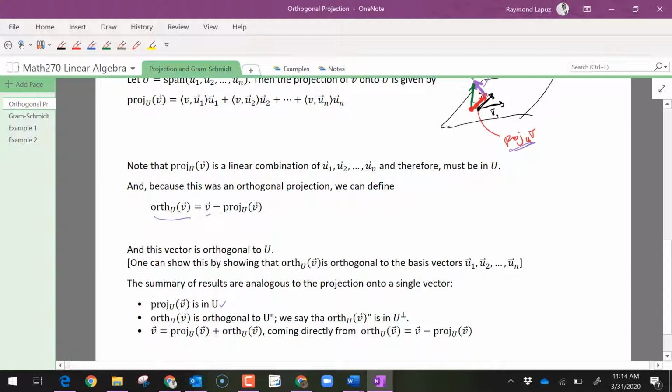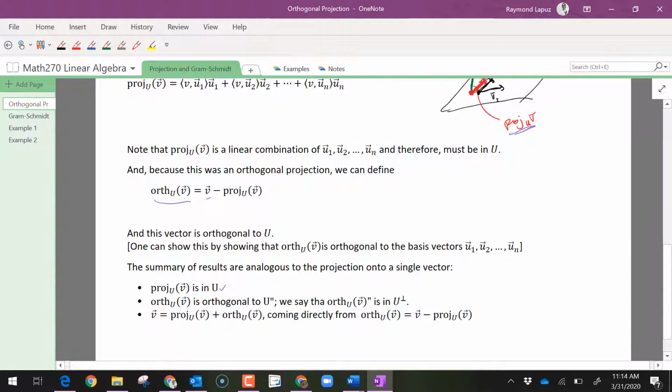It's within the span of all those vectors. The orth vector is orthogonal to U, and sometimes we can say it's in U perp, and then v is equal to the projection plus the orthogonal vector. So again, it's the second property that's going to be most important for us.